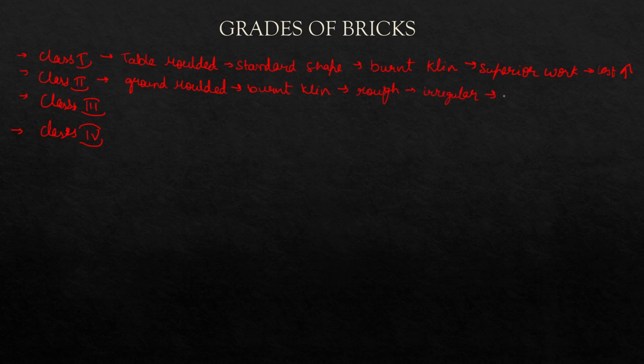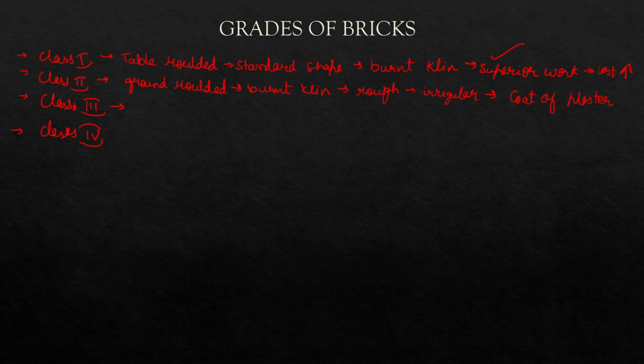These type of bricks are usually used where plaster is required. After construction, the coat of plaster is required. If you are not doing plaster, then you can go with class 1 bricks.